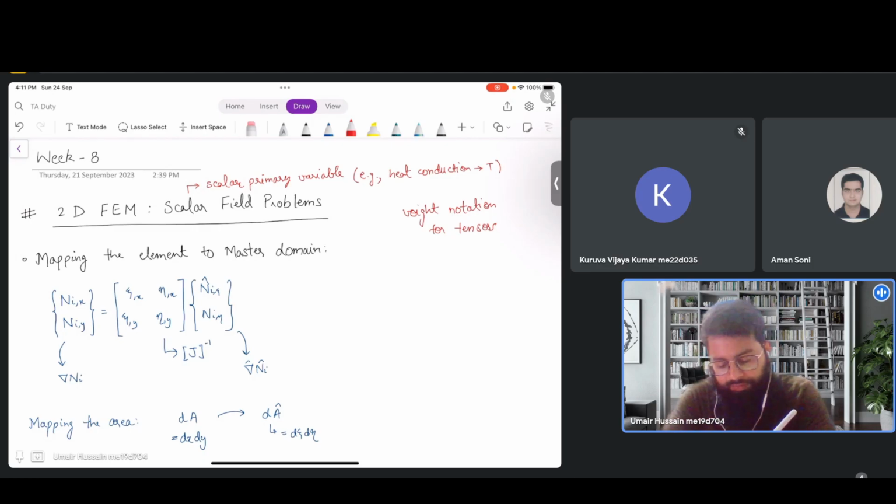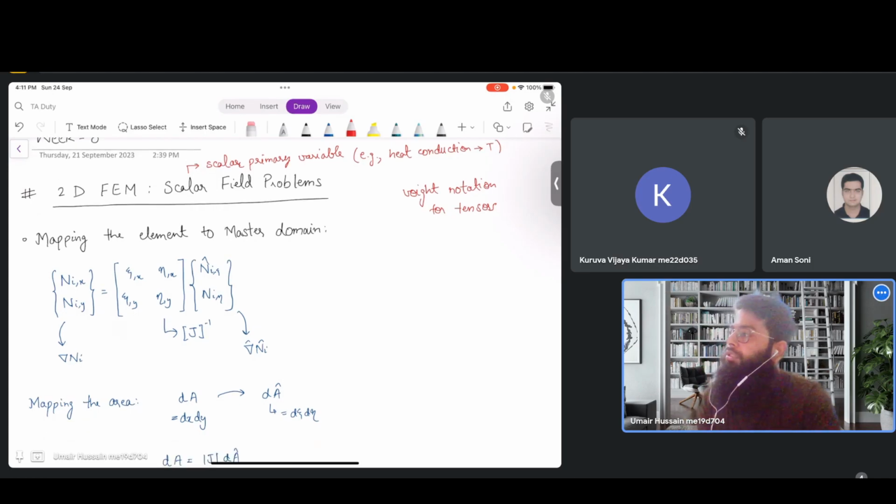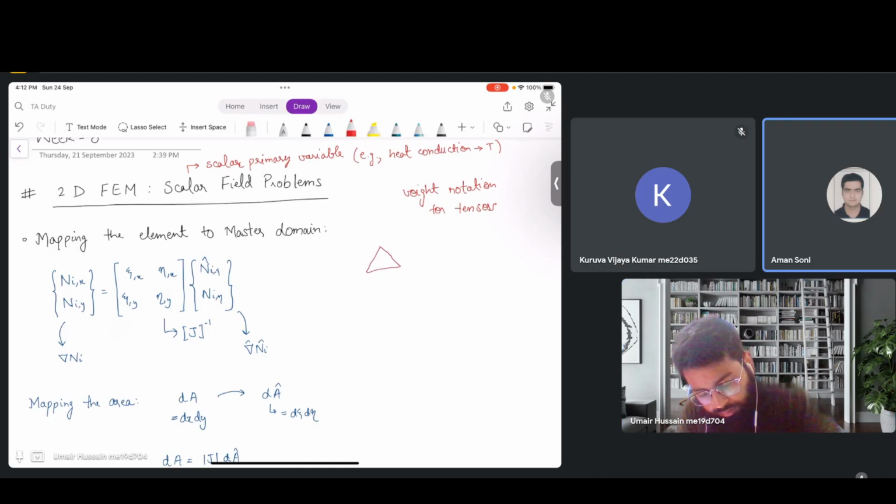I think last time we only discussed linear approximation functions. We'll discuss that later. The next thing was to map the domain of any random element to a standard triangular element.